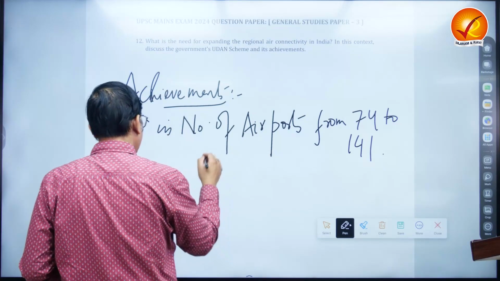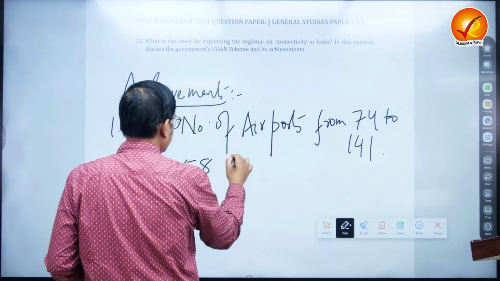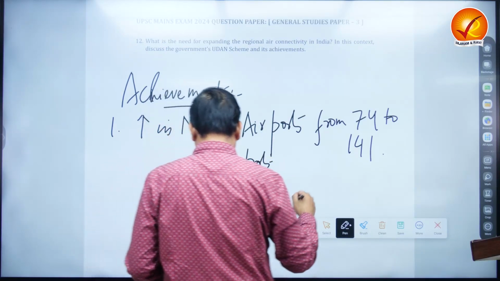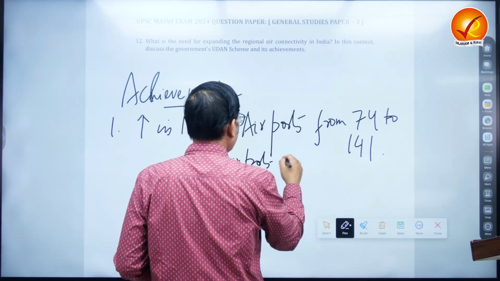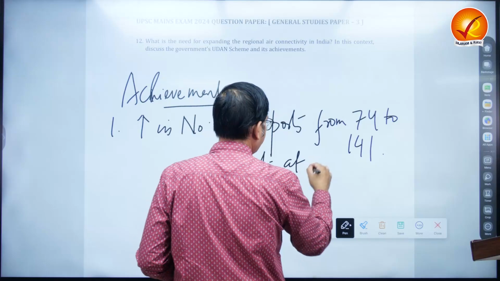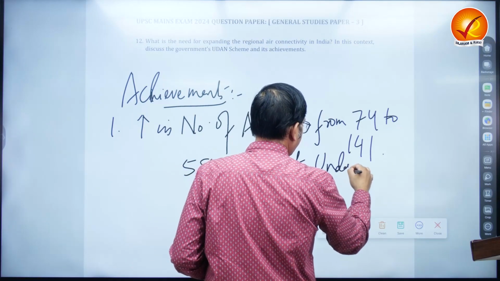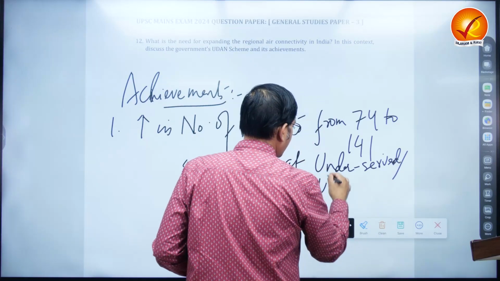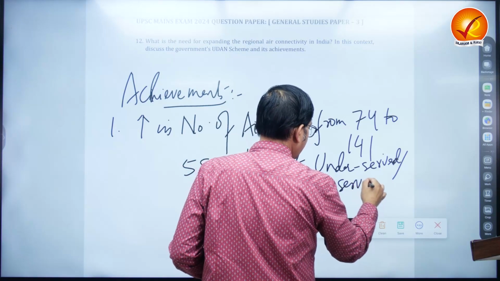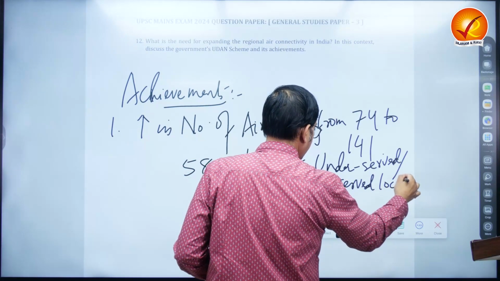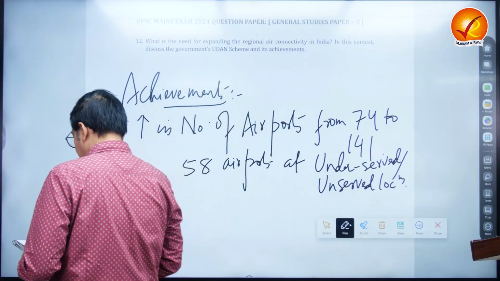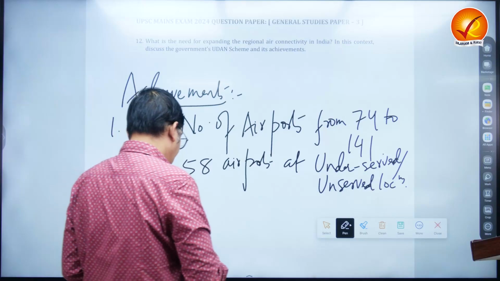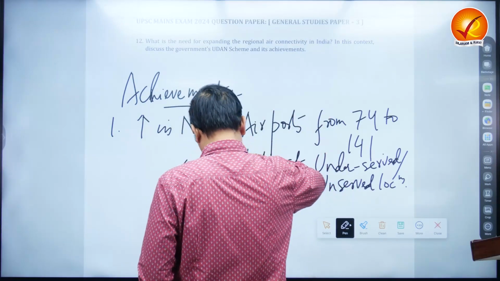Out of this, 58 airports were earlier underserved or unserved locations. Okay. Then it is ensuring commercially viable airlines also.